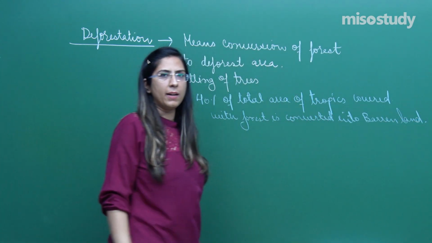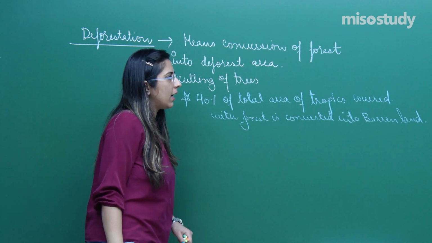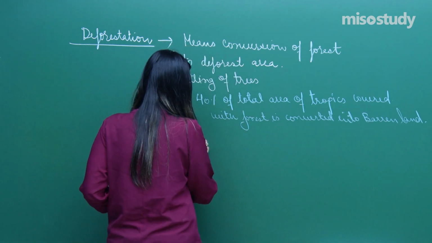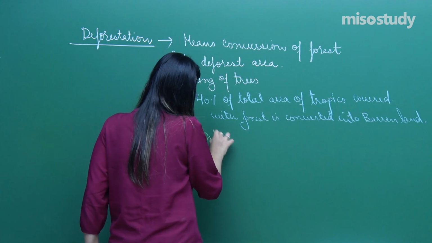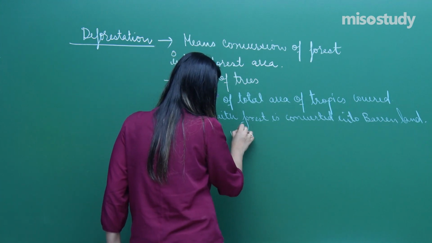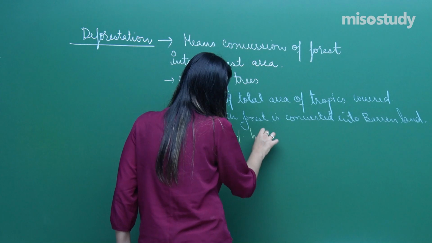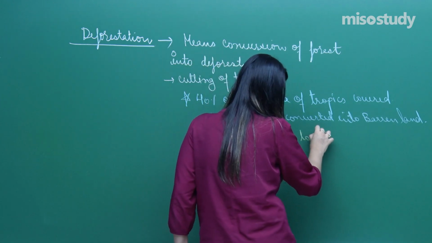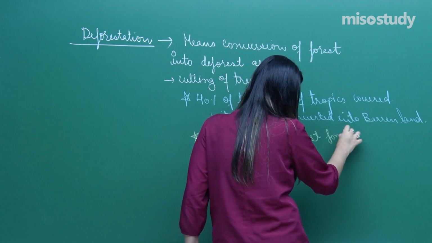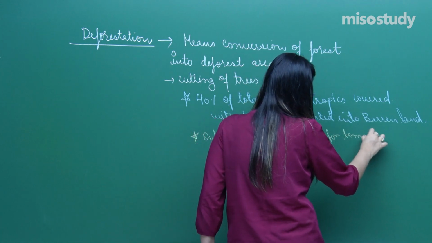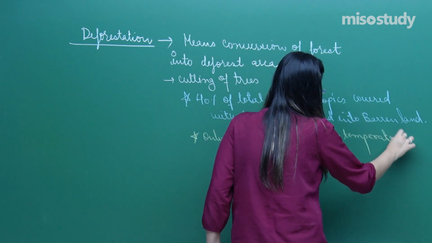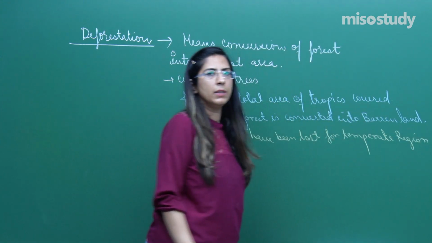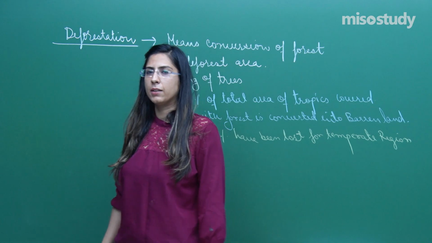The same data for the temperate region is slightly different. That means only around 1% has been lost for the temperate region. Right? So, this is the whole data.